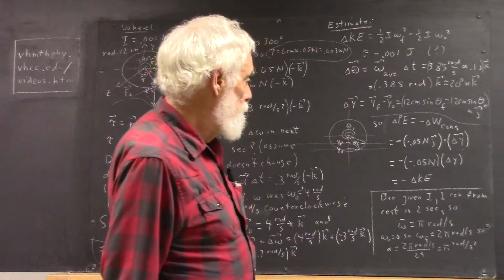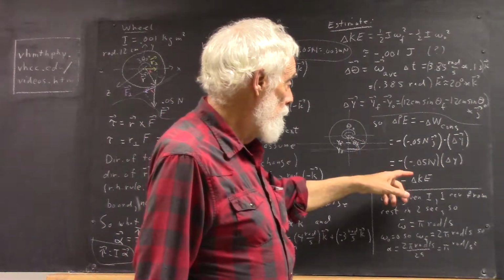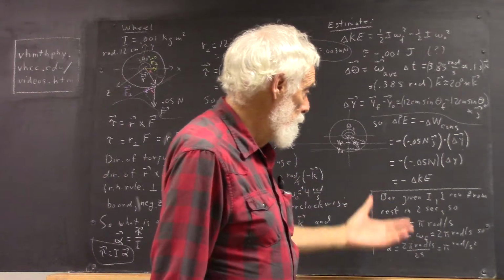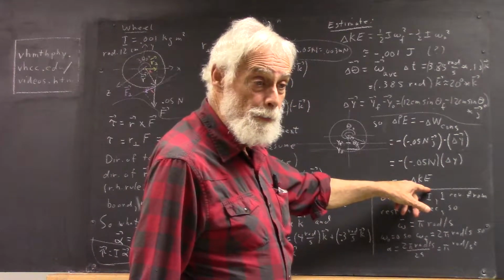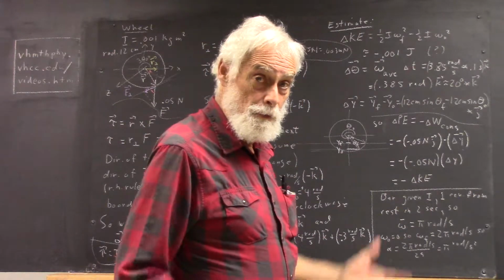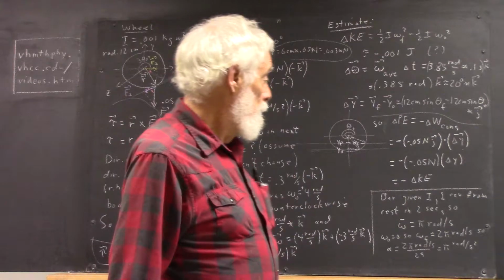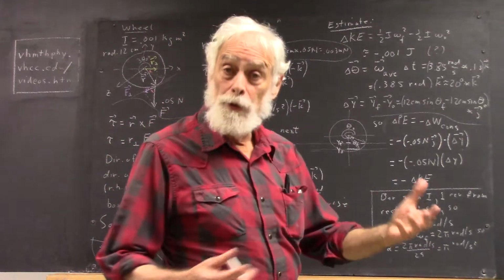So you calculate your delta y, very easy to calculate, multiply it by all this stuff, and that's going to be equal and opposite to the change in kinetic energy by the work energy theorem. If you don't understand that, look at the work energy theorem. Now we're assuming there are no dissipative forces.